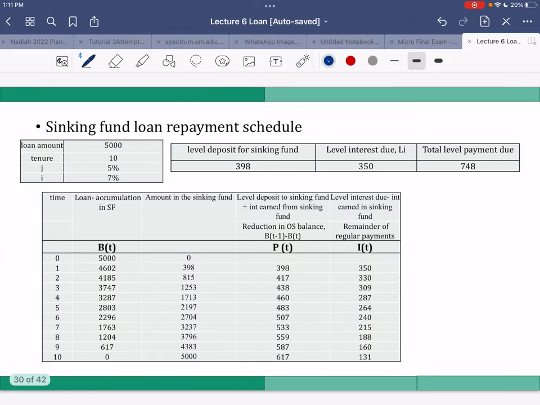This is the amortization schedule for a sinking fund loan repayment. Let's say your loan is $5,000, and then you will split your loan.